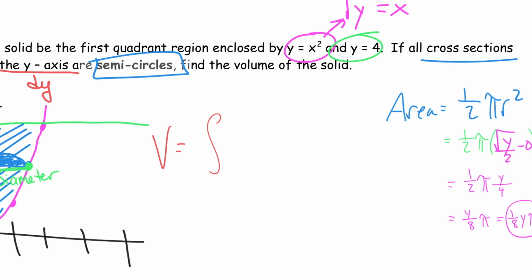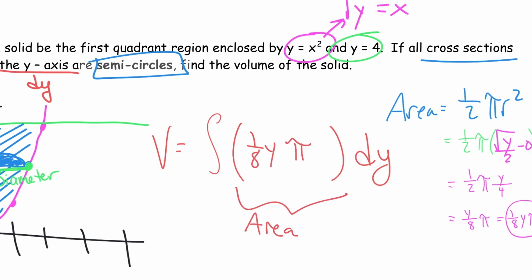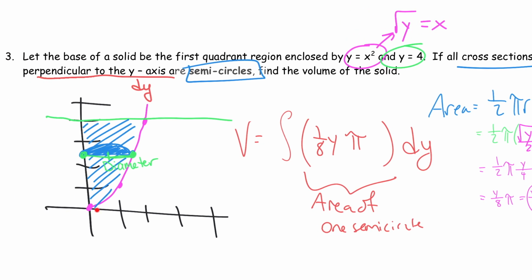So the volume here is going to be an integral with respect to y, because this is perpendicular to the y-axis, of the area of one semicircle, that's what this is, the area of just one of the semicircles, represented as 1/8 y times pi. And then let's check our boundaries.